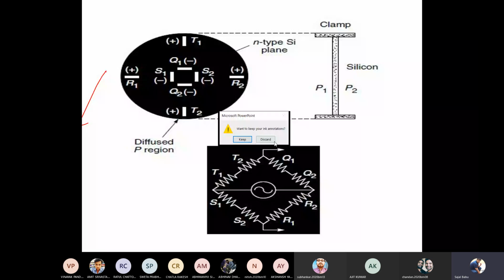So we will take silicon and add some impurity. Adding a trivalent impurity to silicon gives a P type material. And if you take silicon again and add a pentavalent impurity to it, you get an N type material.